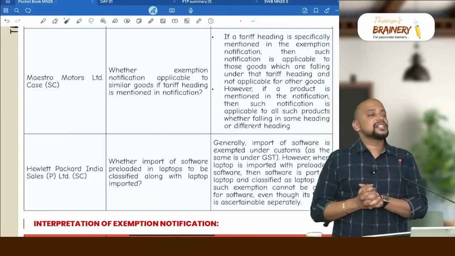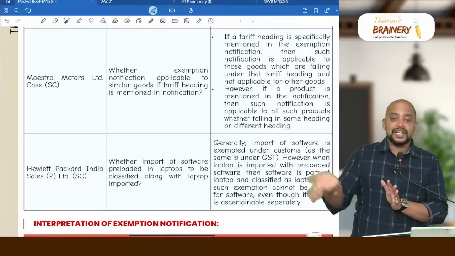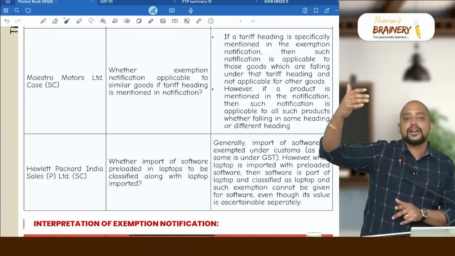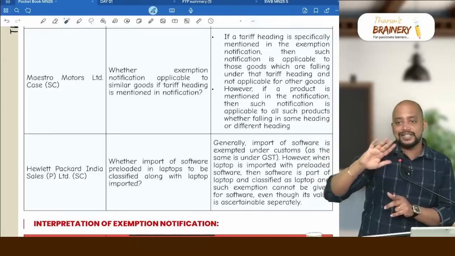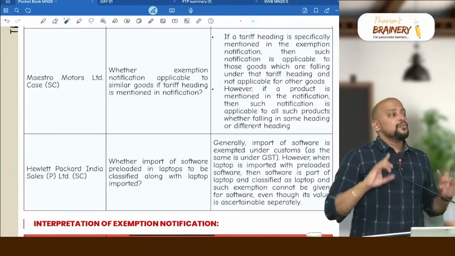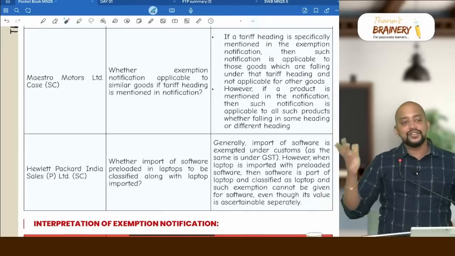If they say motor vehicles falling under 8702 are exempted, only those motor vehicles coming under 8702 are exempted, but motor vehicles coming under 8701 or 8703 cannot be brought in for exemption, even though they are also motor vehicles. But when the exemption notification says motor vehicles imported are exempted, if those motor vehicles are under any heading, they will be exempted.